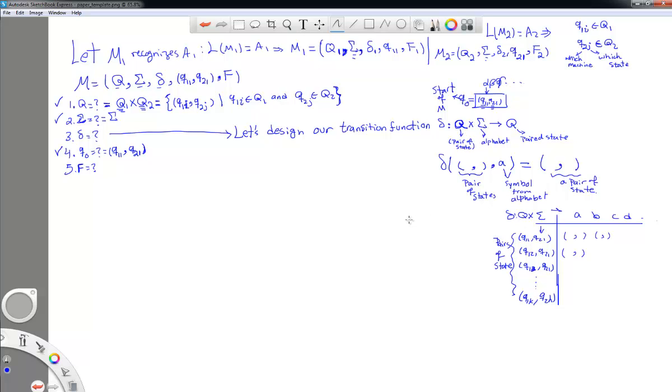So if I had my M sub 1 to be something, oh, I don't know, like this, that had a start state, and then a bunch of states like that, and then an end state here. Let's call these A, B, C, and D. And then for the other automaton, just to make it a little simpler, let's say this is 1 and this is 2, and then the accept state is 3, right?